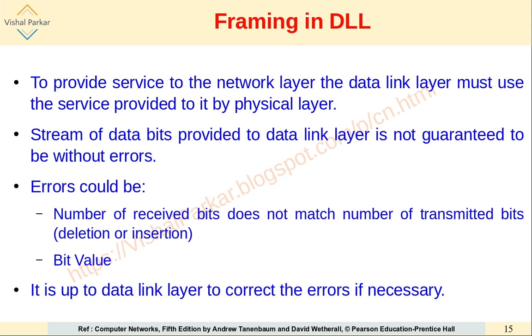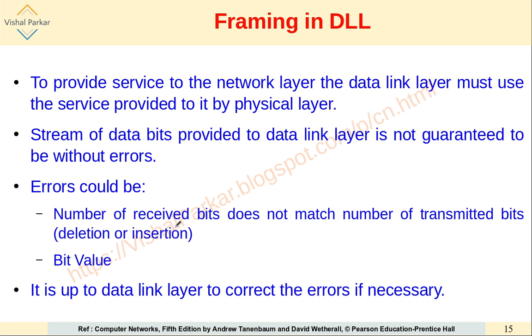Here we know that the data link layer provides services to the network layer and accepts services of the physical layer. Now we know that the physical layer is responsible for the transmission of the bits. While in transmission there could be some errors, and those errors could be of two types.